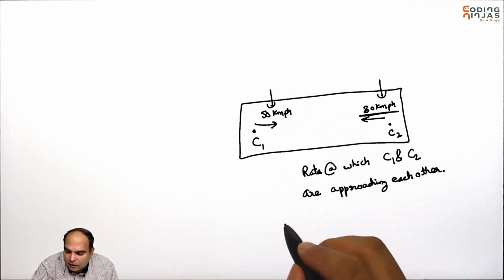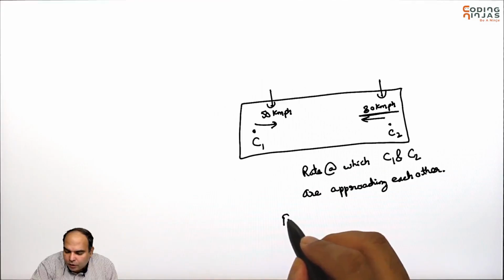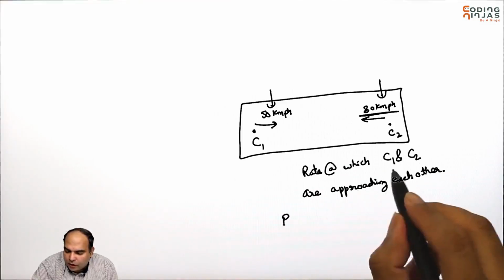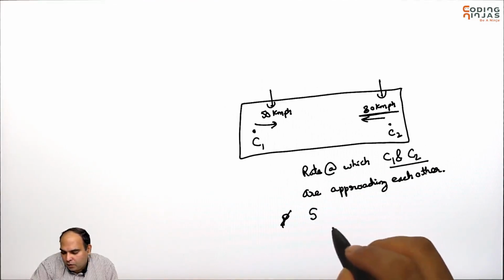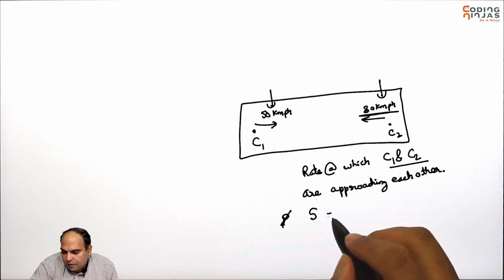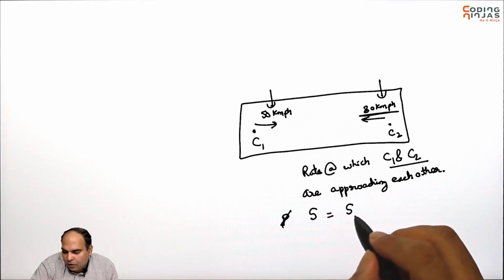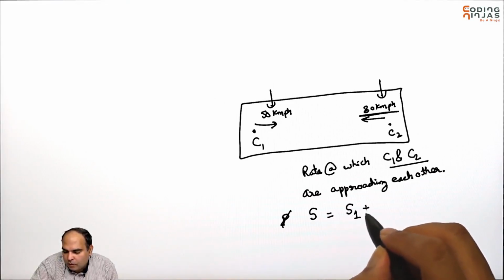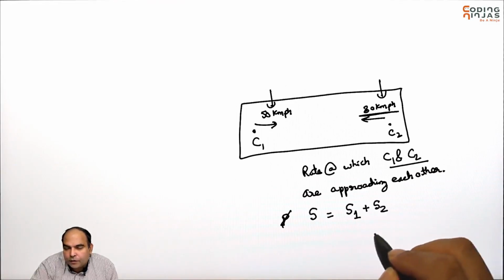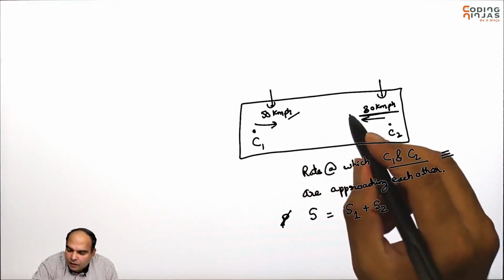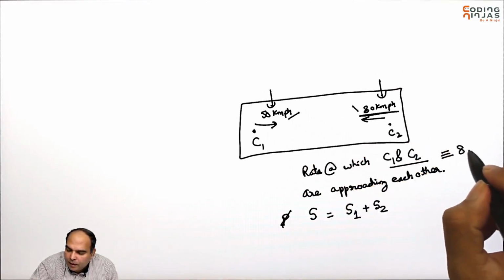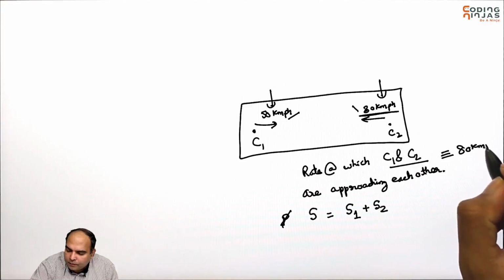So in this case, the rate at which the car C1 and C2 are approaching each other, or the speed of approach, can be described as the speed of the first car plus the speed of the second car. So with these given numbers, 50 and 30, it would be 80 kilometers per hour.